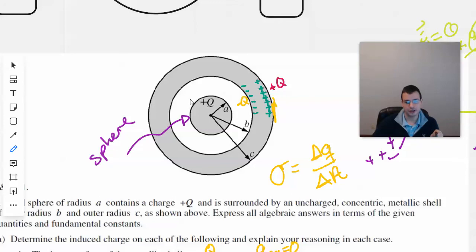So when you see problems like this, especially with all metallic spheres, I would just start by writing the alternating Q's.